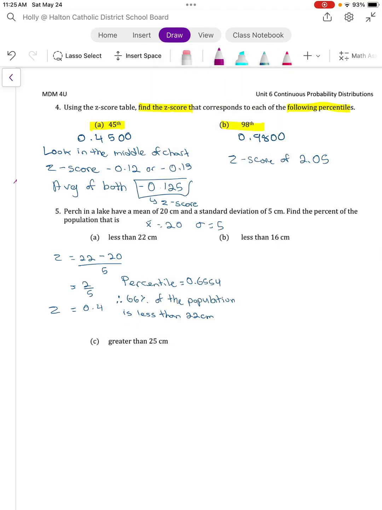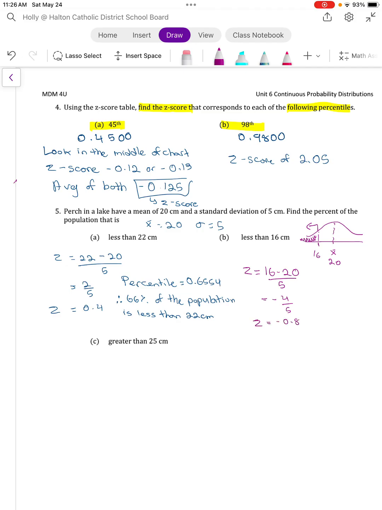Okay, so now let's look at the same thing. Z-score here, we're looking at less than 16. So a reminder, this is my normal curve. This is my mean. We're looking at less than 16. If 16 is about here because my mean is about 20, I'm looking at the area under the curve going that way. Okay, it's less than. So my Z-score is 16 minus 20 divided by a standard deviation of 5, and that gives me negative 4 over 5, which gives me negative 0.8.